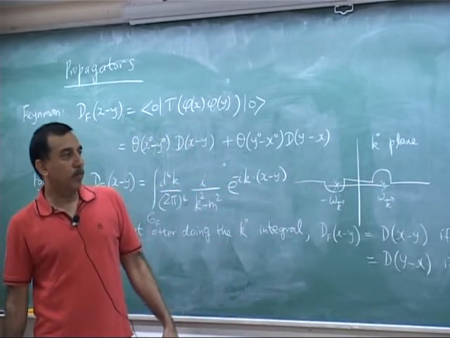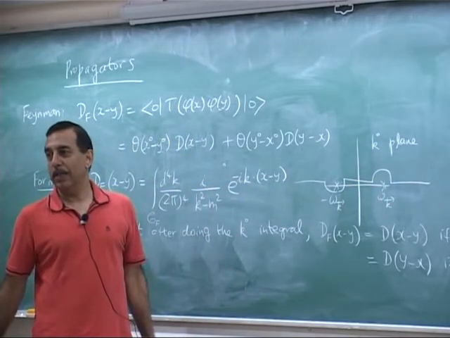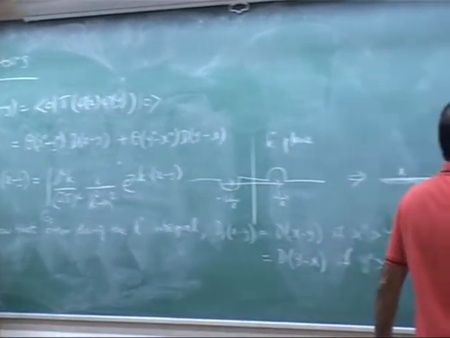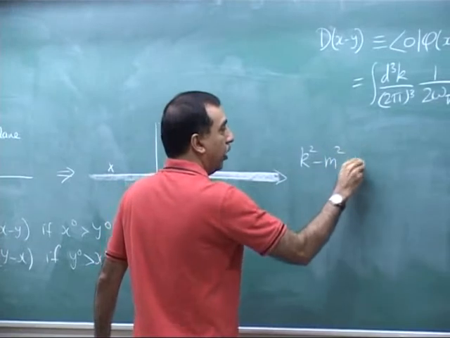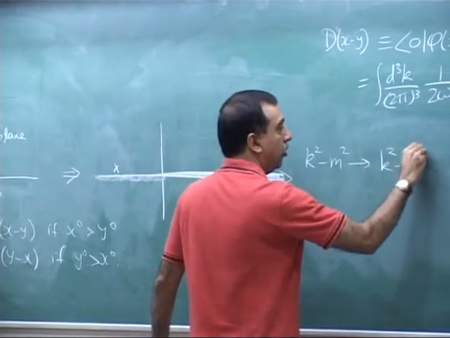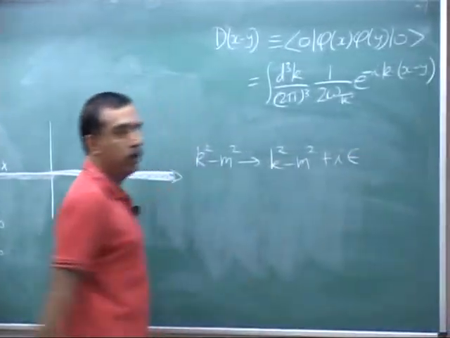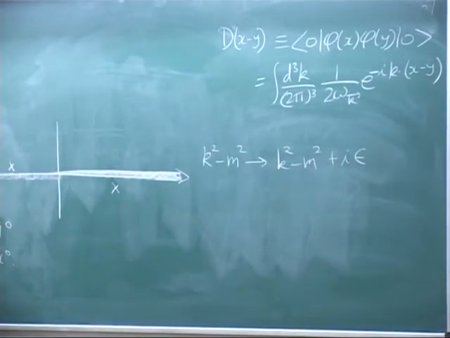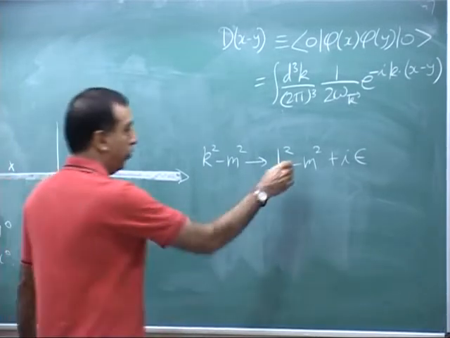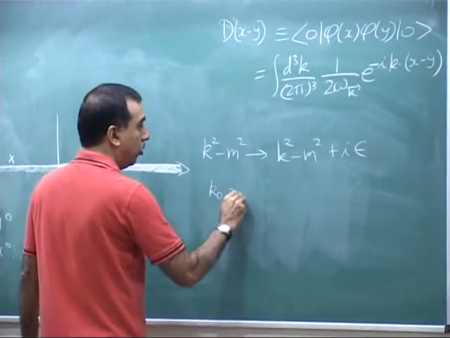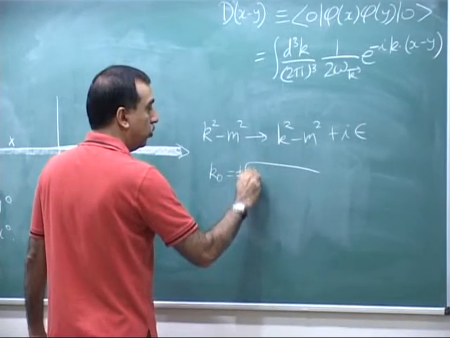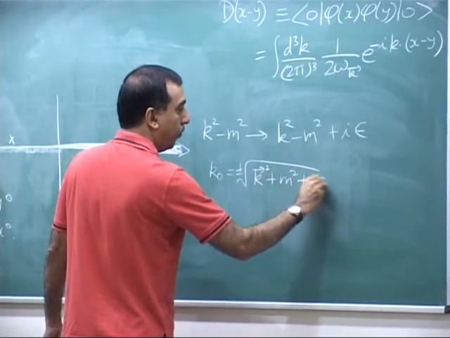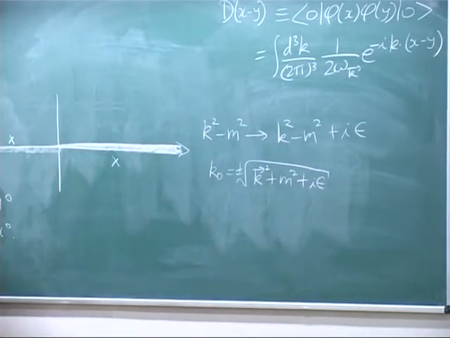So it's convenient to make the poles move slightly off the real axis, and that is achieved by replacing k squared minus m squared by k squared minus m squared plus i epsilon. So I make the denominator complex. Okay, so from this I'll find that k naught is plus or minus the square root of k squared plus m squared minus i epsilon.